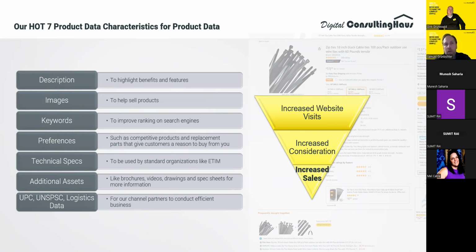If you get all of this data in a clear and attractive way out to the customer, to the buyer, that can increase your website visits, because it's easier to read, more attractive to go there and find things. You increase your consideration, and that will eventually lead to increased sales.